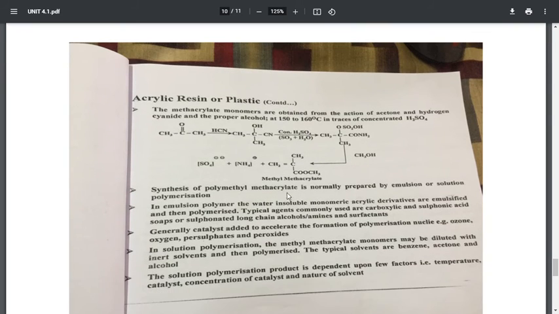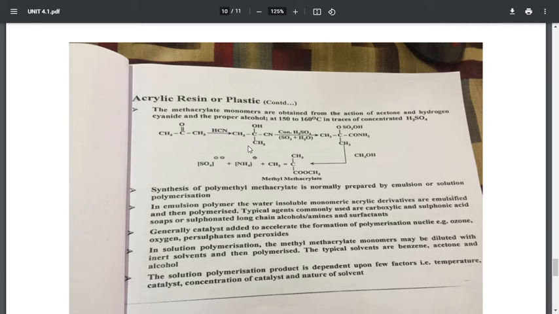Acrylic resin or plastics. The methacrylate monomer is obtained from the action of acetone and hydrogen cyanide and the proper alcohol at 150 to 160 degrees Celsius in traces of concentrated H2SO4. So this is our acetone, and then hydrogen cyanide is there.